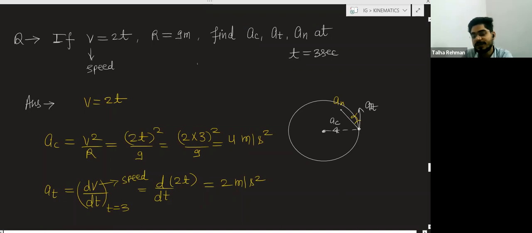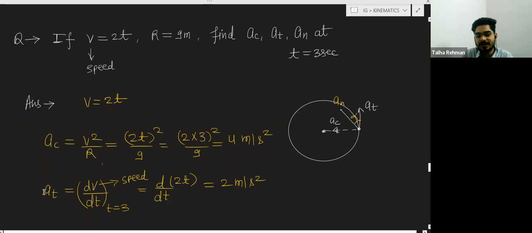Centripetal acceleration is given by v square divided by r. What is v? v is 2t. So square of this divided by radius. Then you will put the value of t, because they are asking at t equal to 3 seconds. You will get the value.